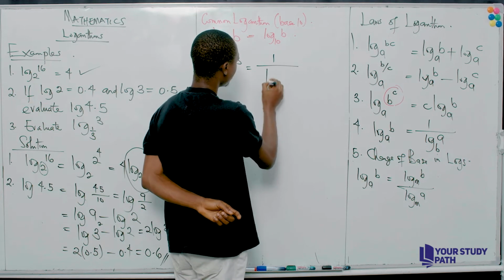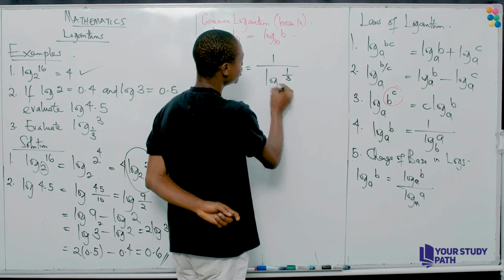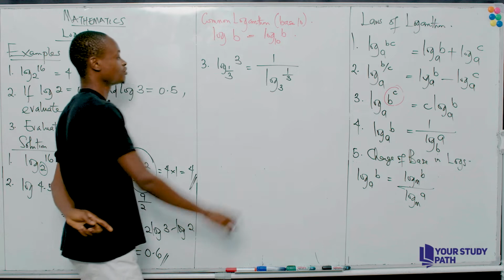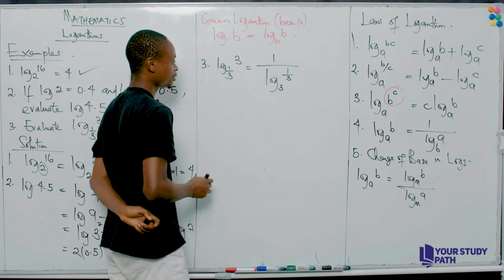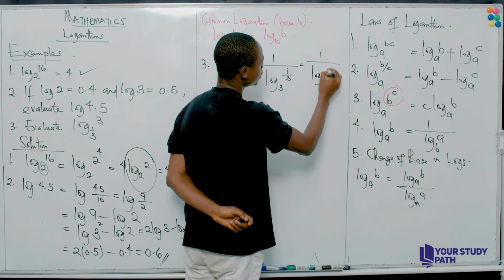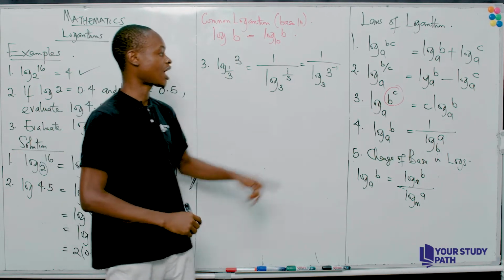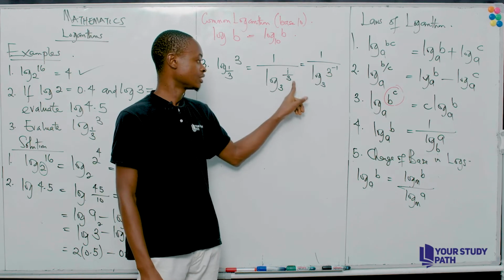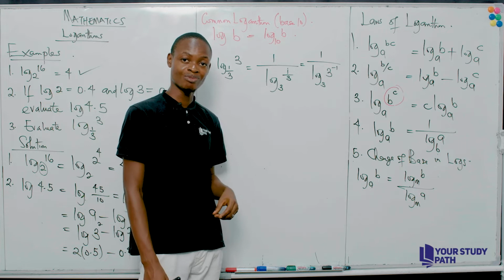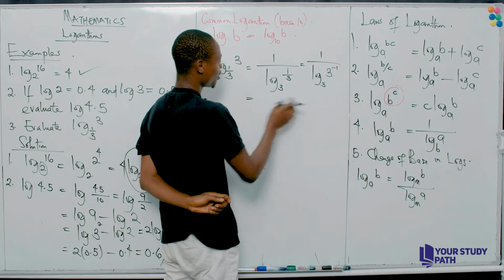I can express it as 1 divided by log 1 over 3 to the base of 3. Reciprocal. And because of this, 1 over 3 is now my number. So it means I can write it as 1 divided by log 3 raised to power minus 1 to the base of 3. This is, of course, me applying the law of indices that changes the reciprocal to the negative power form. And then the topmost power can come to the left.